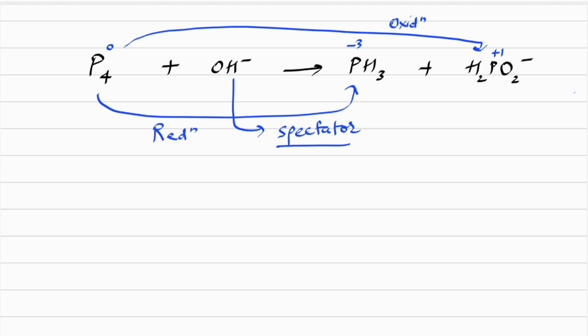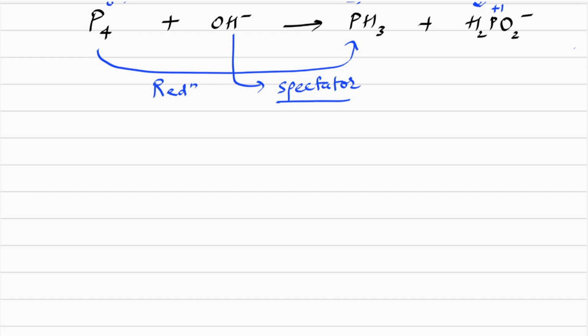It remains the same in the products. So it's not taking part in the reaction. It's merely telling you the medium, which is basic. That means we have to balance this reaction in basic medium. Now that we have our oxidation half reaction and reduction half reaction sorted, let's write them.